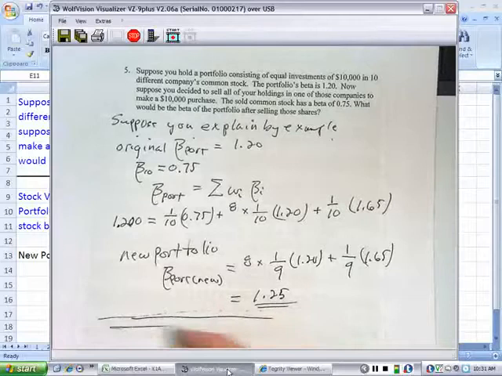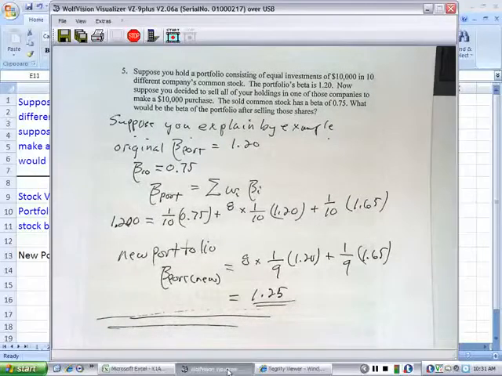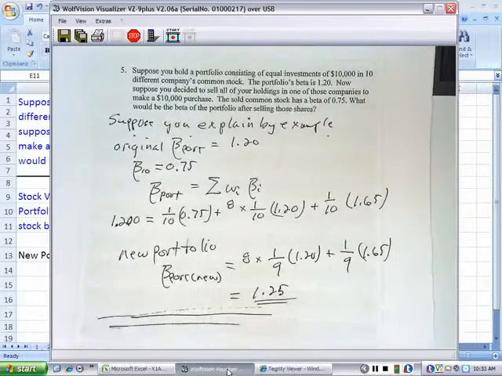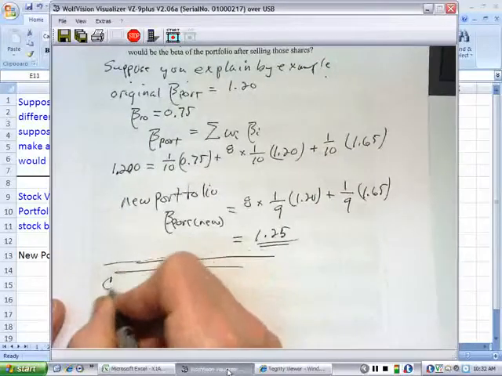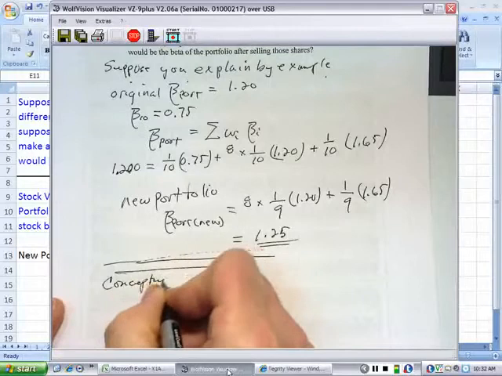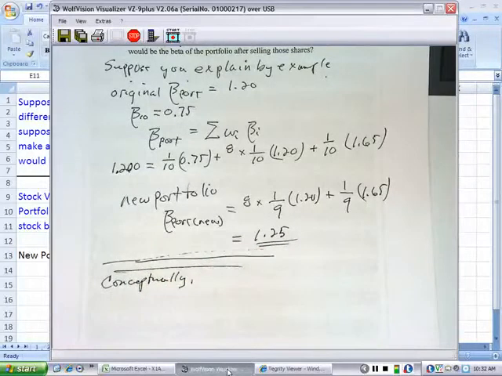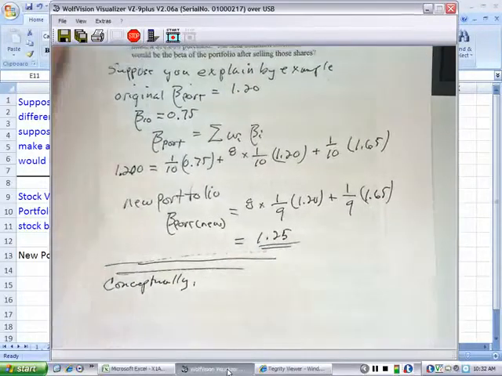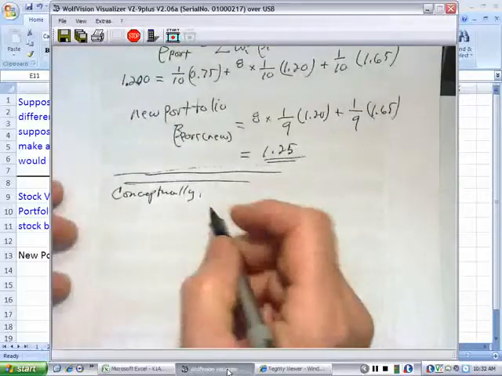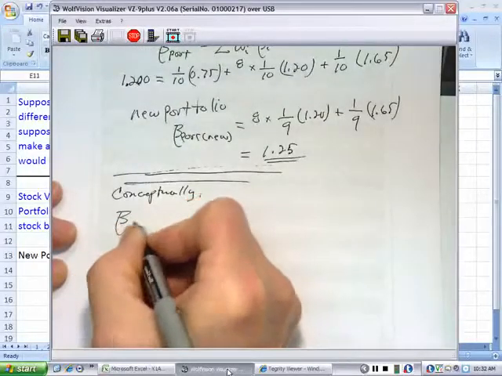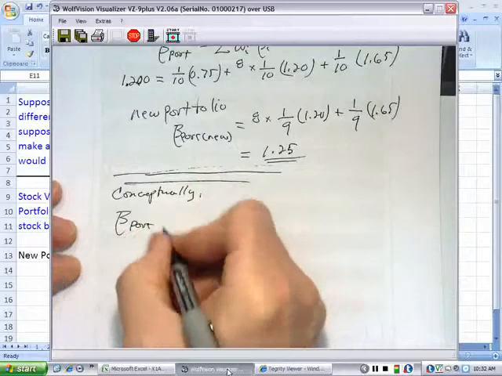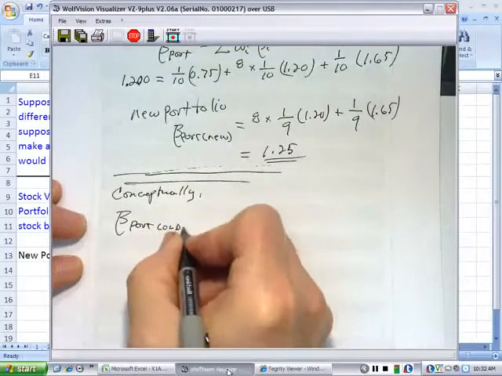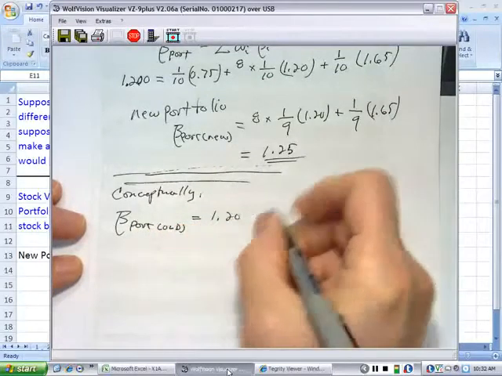Now, a second way to have answered it is just conceptually, and to go ahead and realize what goes on here. It's true for not only this example that we gave, but it's for every example of what you could have. So the beta of the portfolio in the case of the old one equals 1.20.